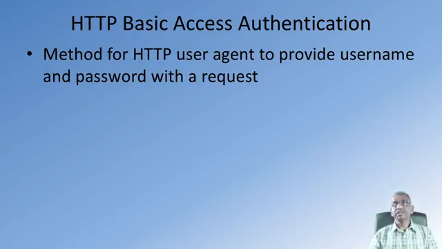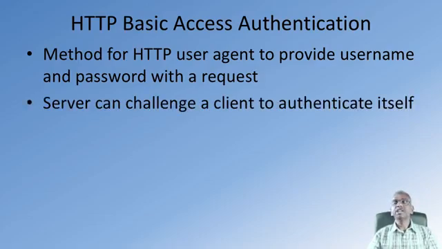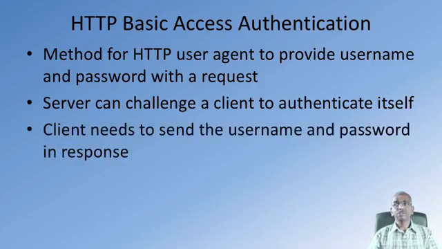The basic access authentication, which HTTP supports, is a method that will enable a server to challenge a client and ask for a username and password to be submitted by the client. So the server can challenge the client to authenticate itself by typing in this information. The client needs to send the username and password in response to the challenge from the server side.